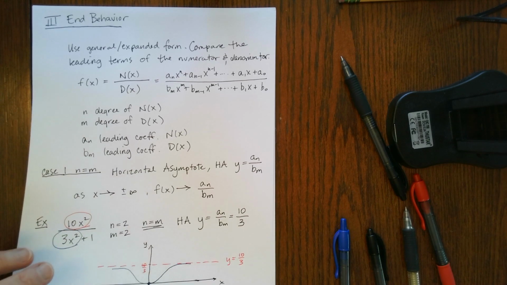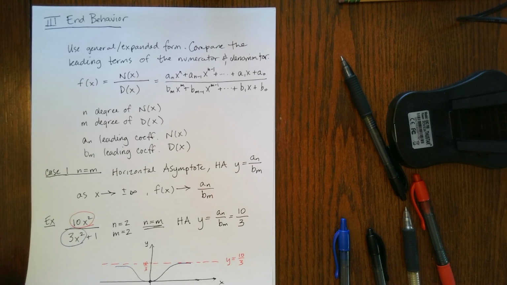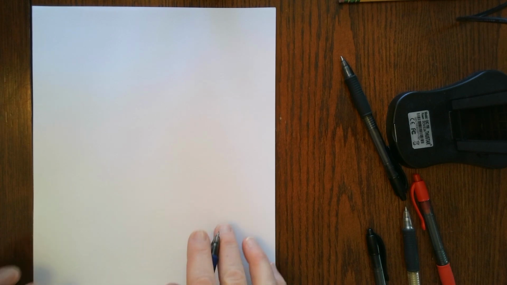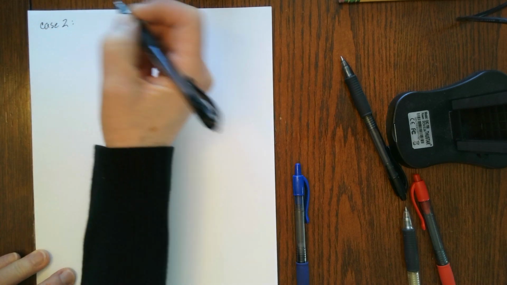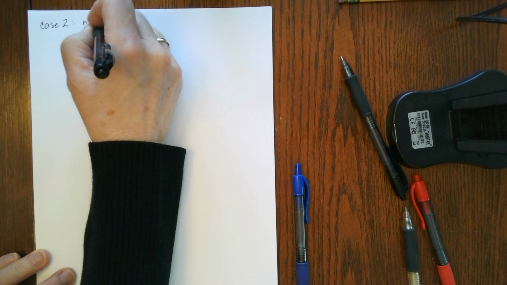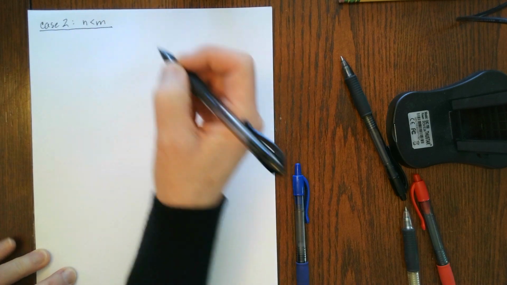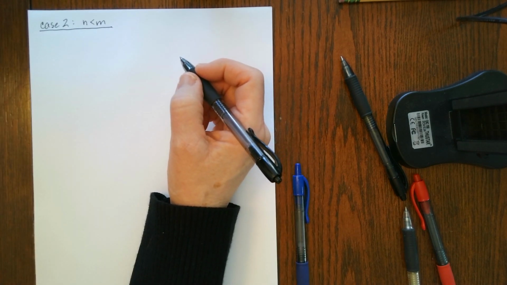Okay, let's look at another example, or another case, I should say. And in this case, this is case 2, we're going to have n less than m. So the degree in the numerator is less than the degree in the denominator.